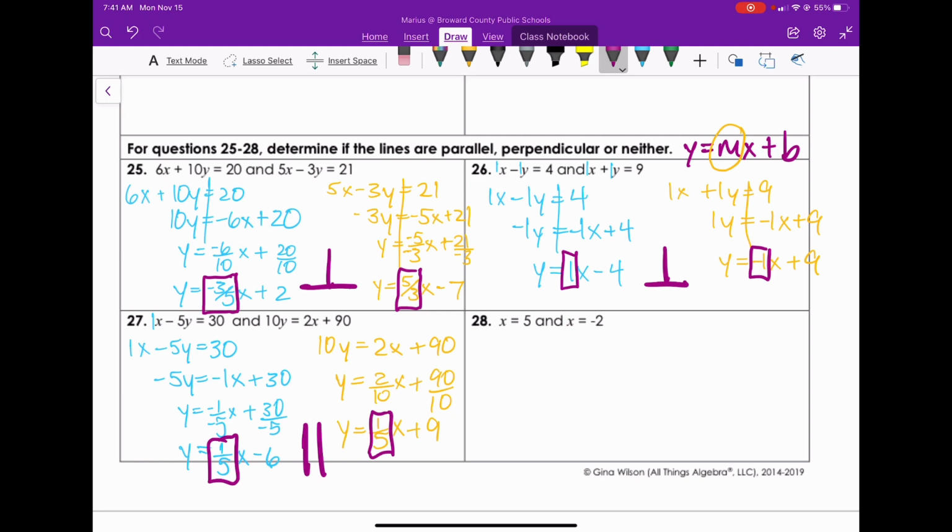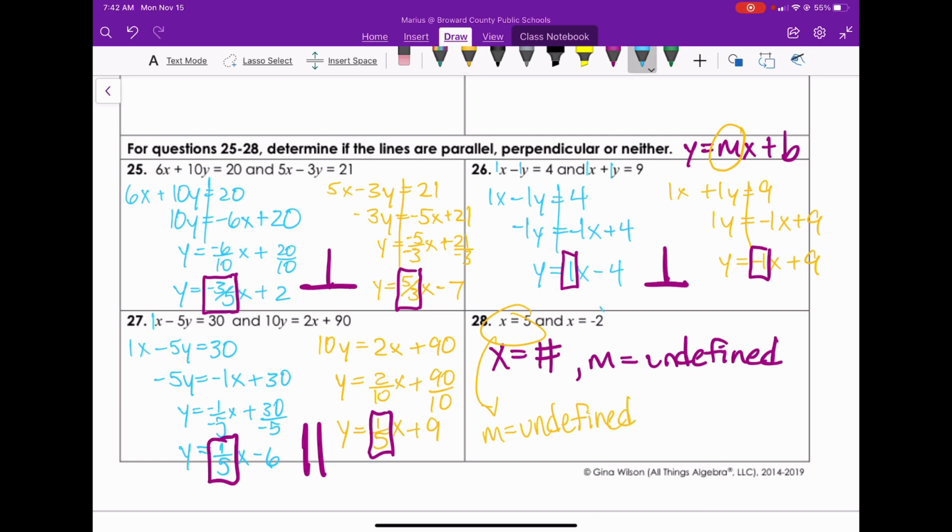Now, for number 28, whenever you have x equals some number, the slope is always going to be undefined, okay? So for both of these equations, M is undefined.